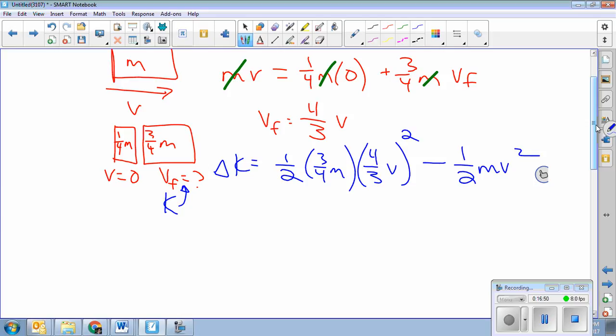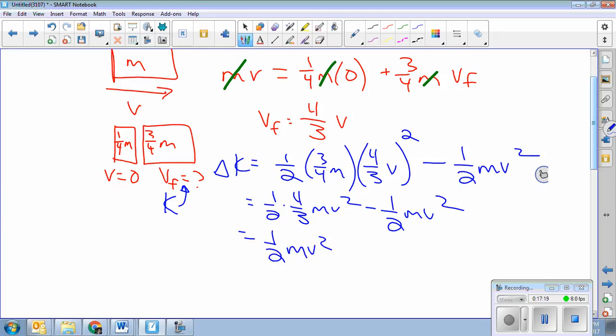Okay, so now we just have to simplify this. This is 4/3 squared times 3/4, so this 3/4 is going to cancel one of the 4/3, right? So I'm going to get 1/2 times 4/3 mv squared minus 1/2 mv squared, which is the same as 1/2 mv squared times 4/3 minus 1.